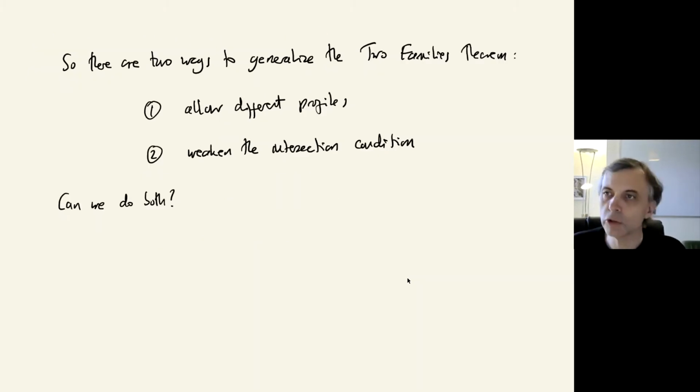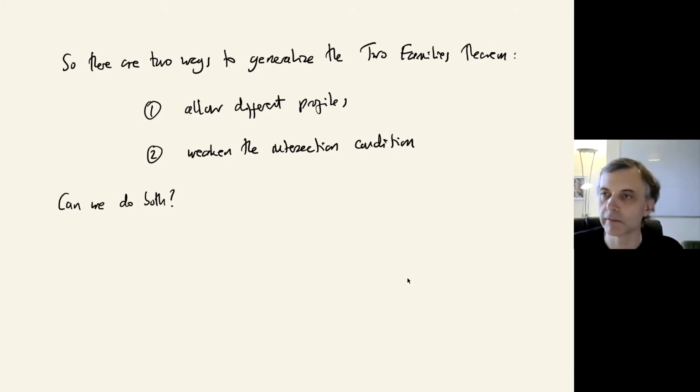So we've got two ways of extending the two families theorem. One is to allow different profiles, and we get a weighted sum. The other is to weaken the intersection condition, with a skew intersection condition rather than complete intersection. Again, it's a natural question to ask, and various people at various times have asked it: can we do both?